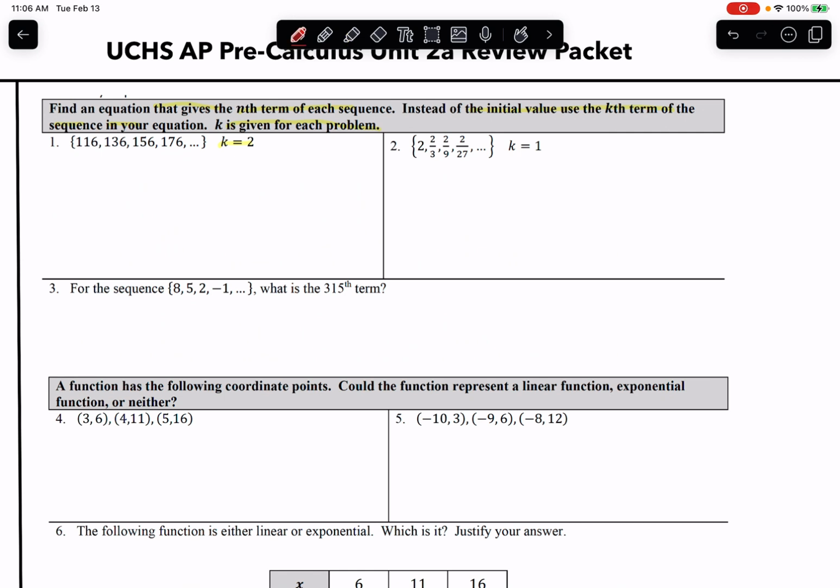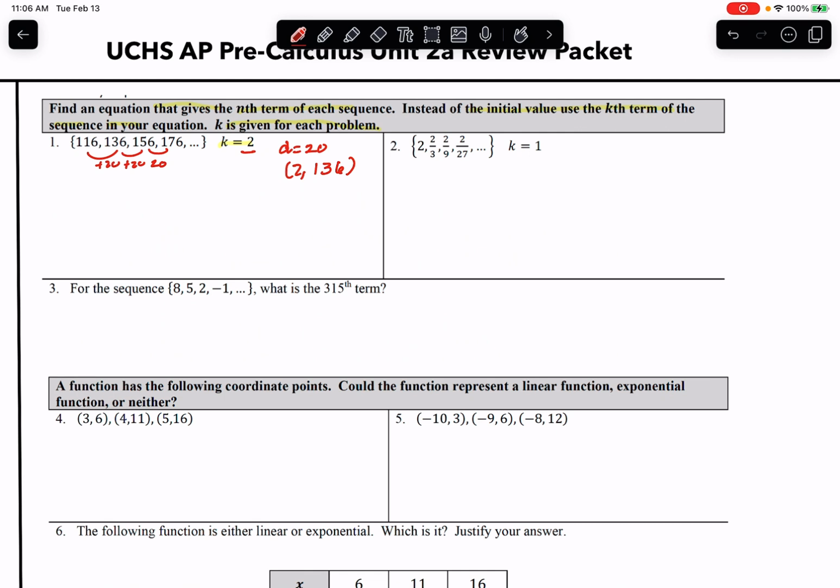So the first thing we need to do is figure out whether it's arithmetic or geometric. It looks like this is plus 20 each time, so we would have an arithmetic sequence, so d would be 20. And if k is 2, then we're given this kth term, so that would be 136.